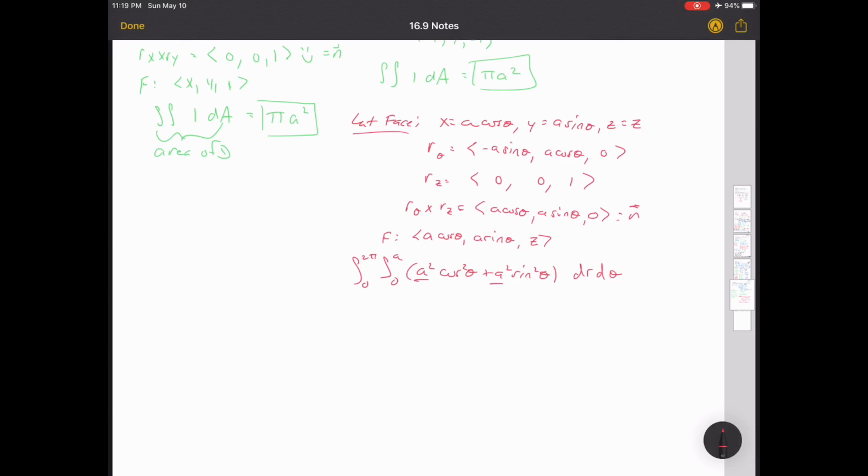So really, what I have here is a squared, which is a constant, integral from 0 to 2 pi of d theta times the integral from 0 to a of dr. So this is a squared, this part is 2 pi, and this part here, I'll write it out, is going to be the integral from r from 0 to a. So here we're going to get a squared times 2 pi times a. What's wrong with that? Something's wrong with that. What did I do wrong?